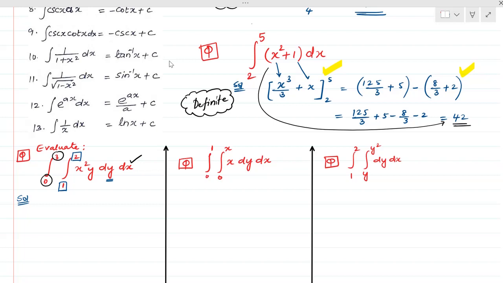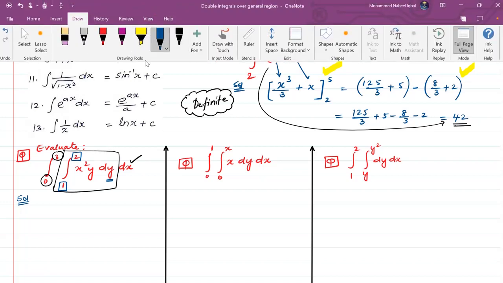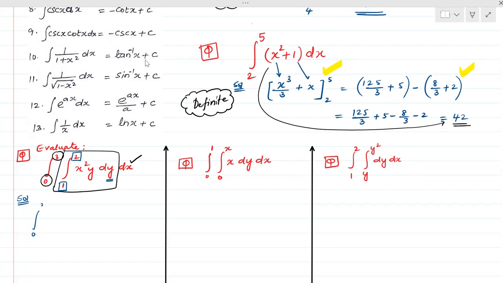So this is clear. Now, first of all, I have to integrate the innermost integral with respect to y. So what is the integration here? The integral 0 to 3 as it is. Now what is the integration? x square stays outside, because we are integrating y. So y power 3 over, sorry, y is there, so it is y square over 2, from 1 to 2, into dx.